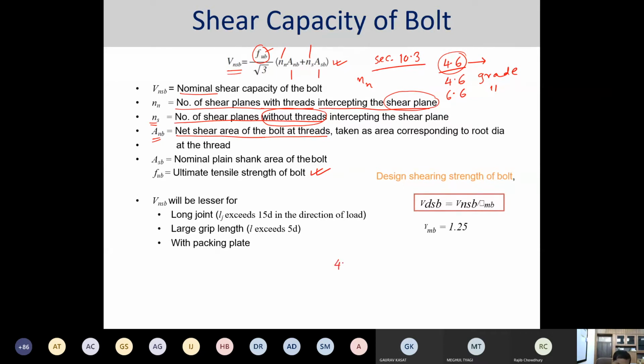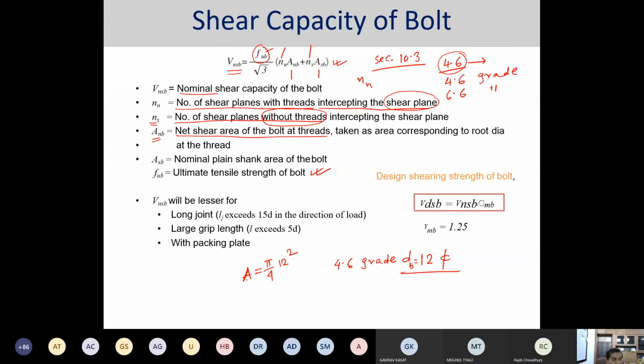Let me give you an example. Let's say a 4.6 grade bolt having 12 mm diameter. What is the area? Shank area would be pi by 4 times 12 squared. Shank area means the area which is not in the threaded portion, where this is the diameter of the bolt.